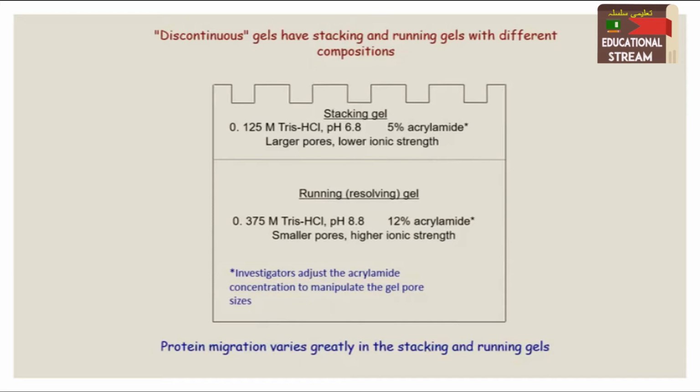Now we will see the major components of the gel, the major chemicals being used, and how we can prepare this gel. First you should understand the major difference between the discontinuous gel and continuous gel.